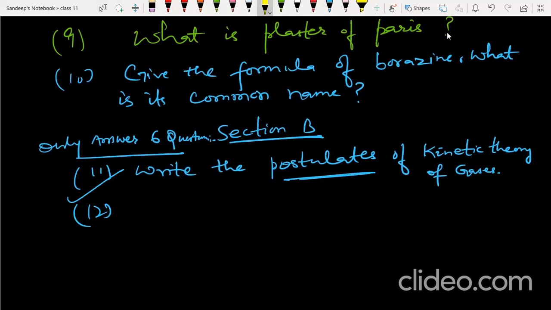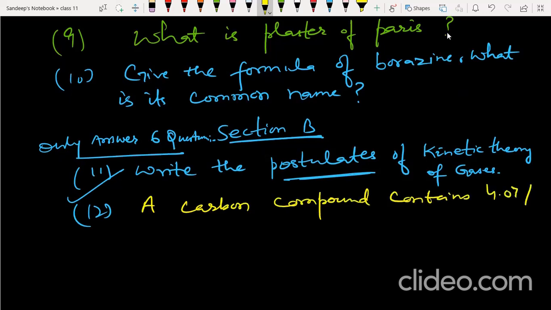Next question is based on empirical formula. A carbon compound contains 4.07% hydrogen, 24.27% carbon, and 71.65% chlorine.